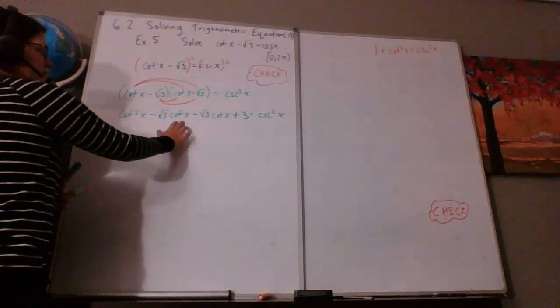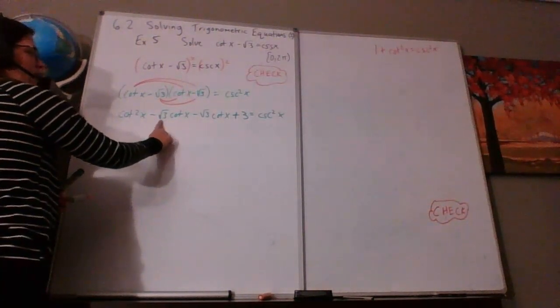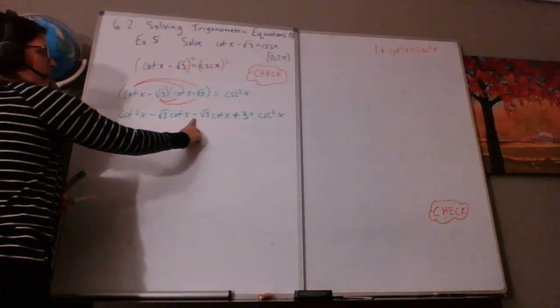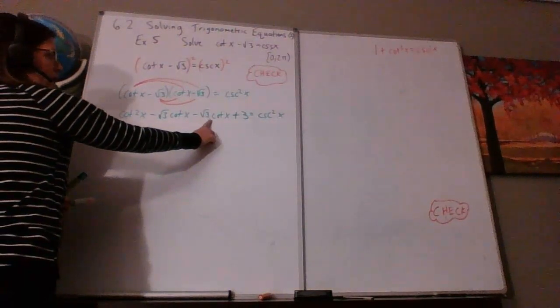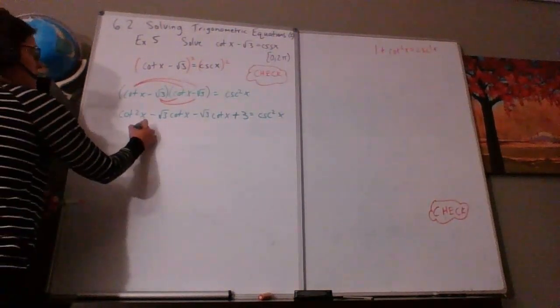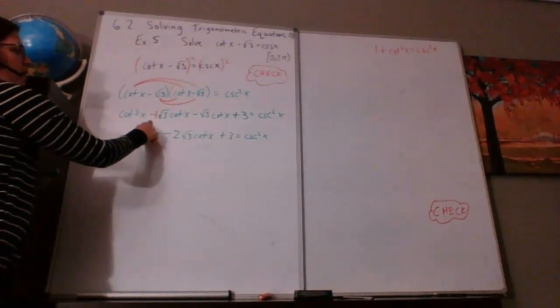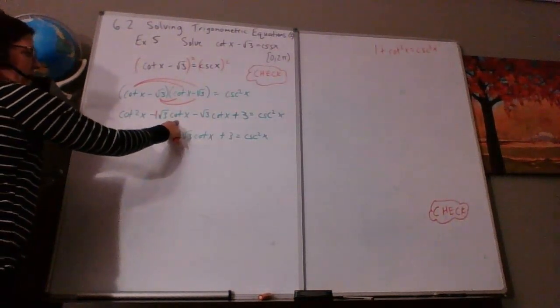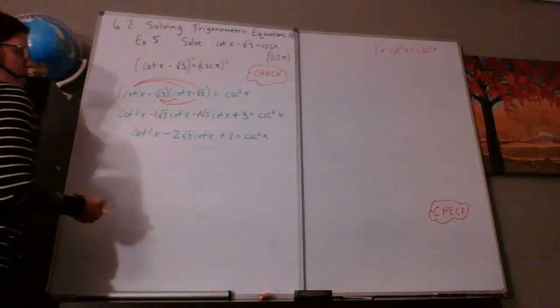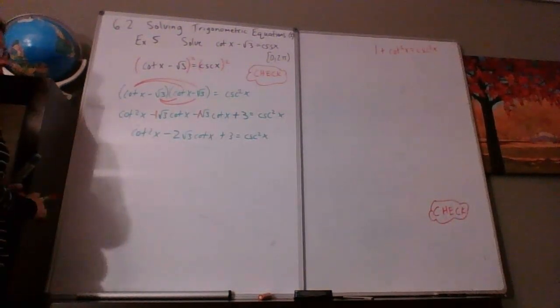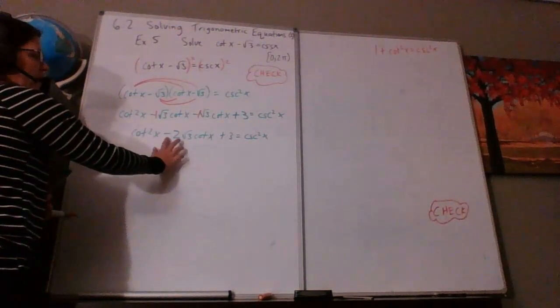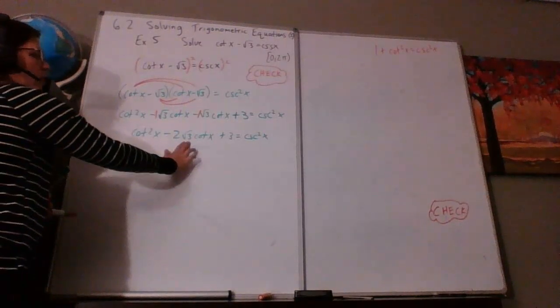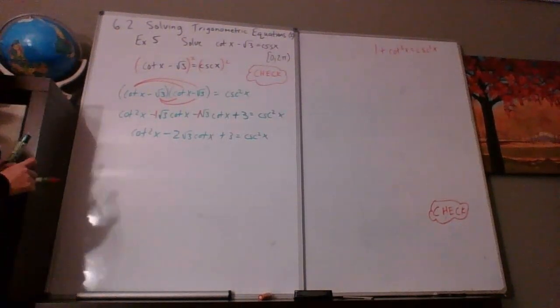Combining like terms, since we had negative 1 rad 3 cotangent x minus another 1 rad 3 cotangent x, our middle term ends up being negative 2 rad 3 cotangent x.